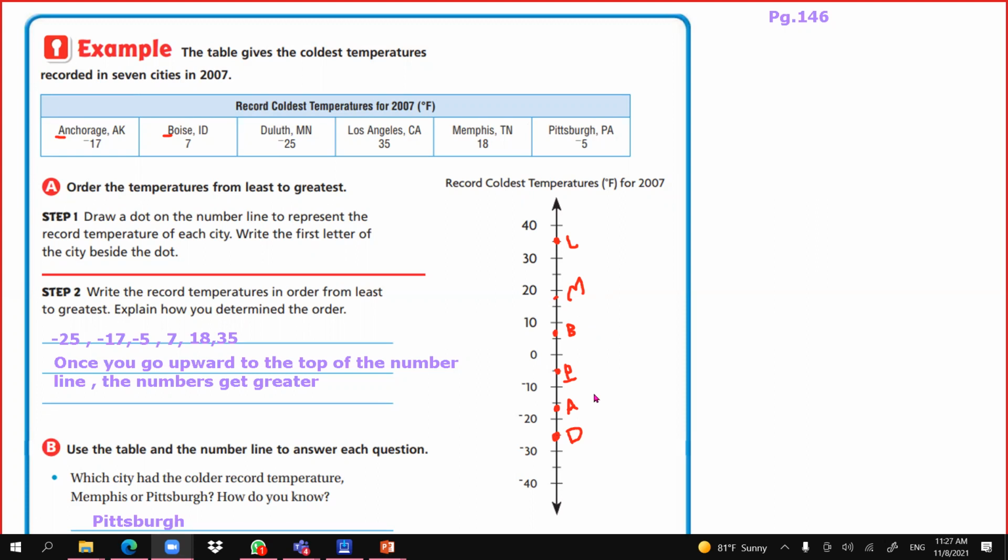Yes, that's it. They asked me to compare. No, miss, they asked me to compare between Memphis and Pittsburgh only. Not all of them.